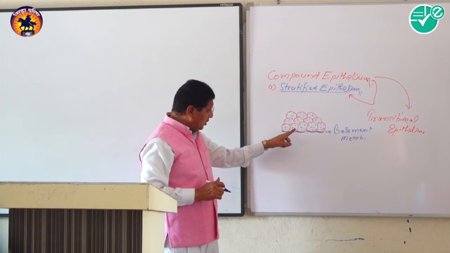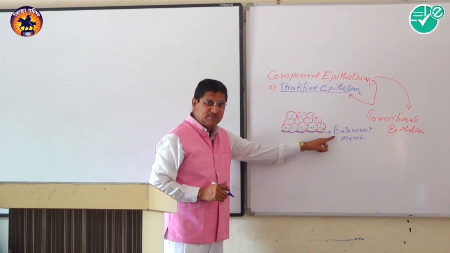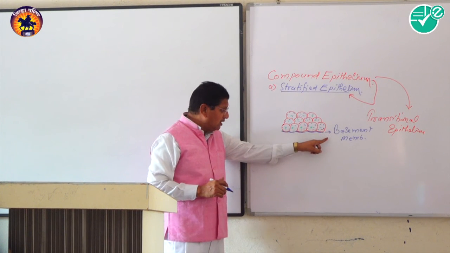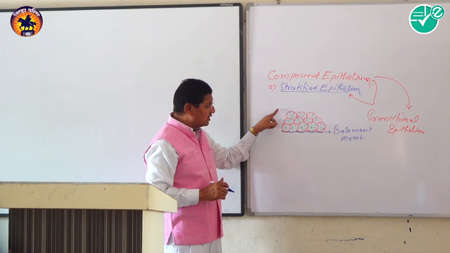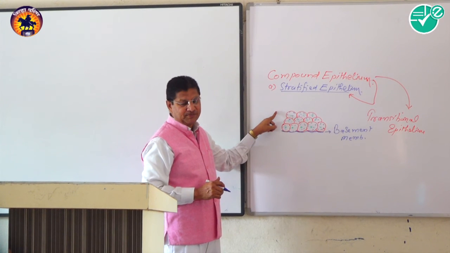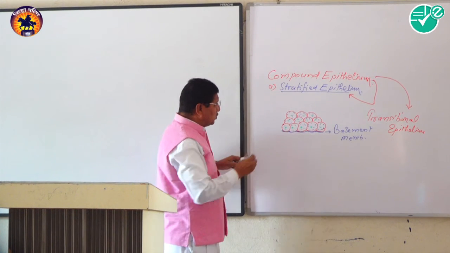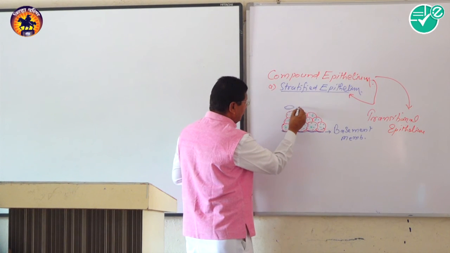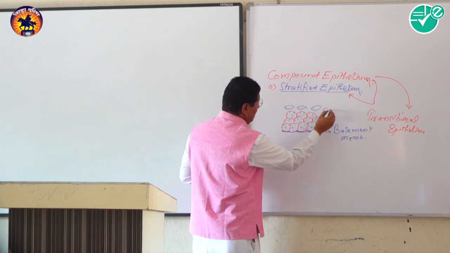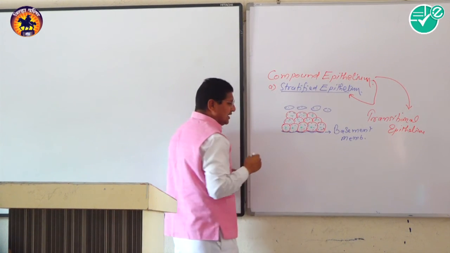Therefore, only the basal layer rests on the basement membrane, while the upper layers are free from it. And towards the upper surface, some dead cells are present.